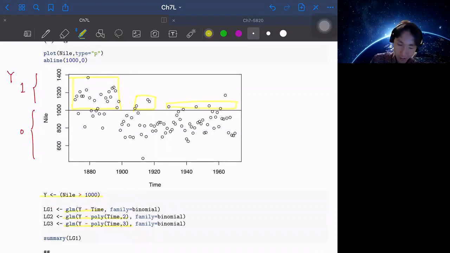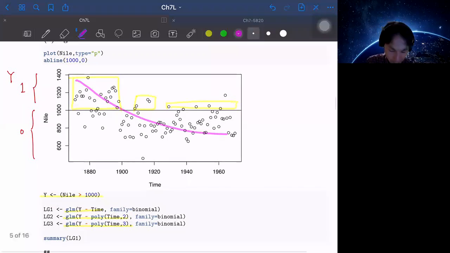Yeah, so possibly the probability is like this. It's slightly going up in recent years, or possibly not, but we have the large drop in probability in earlier years. Then this becomes a quadratic curve.